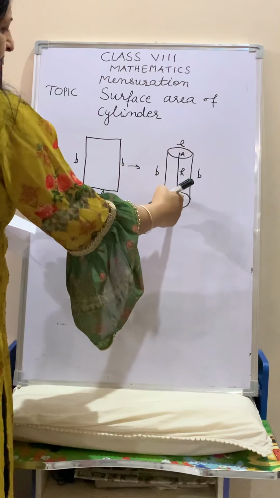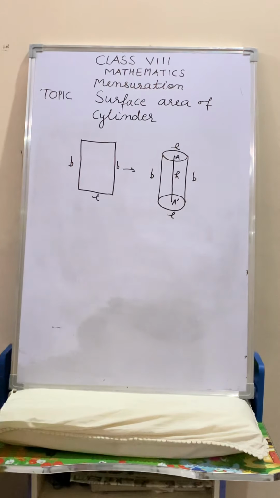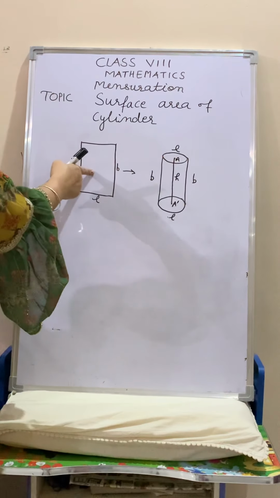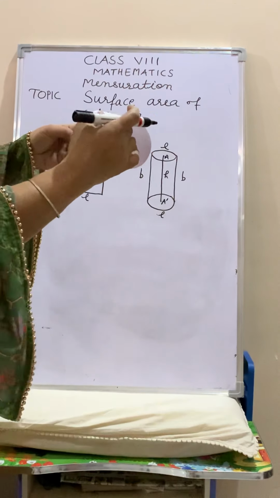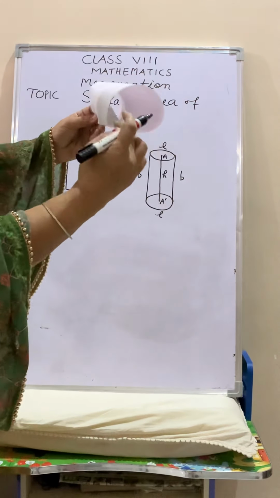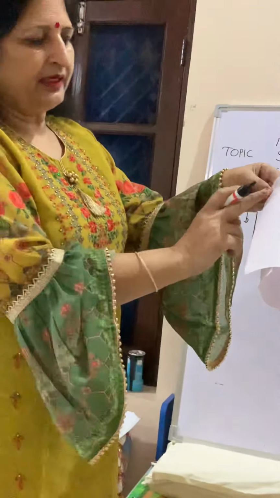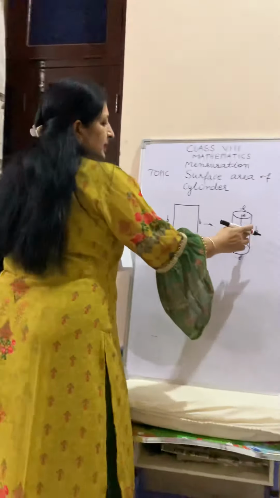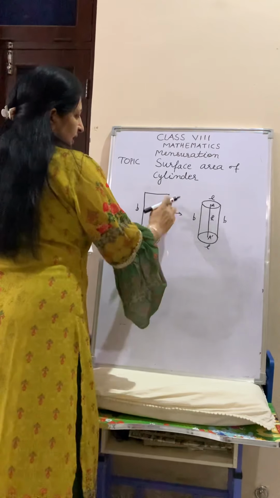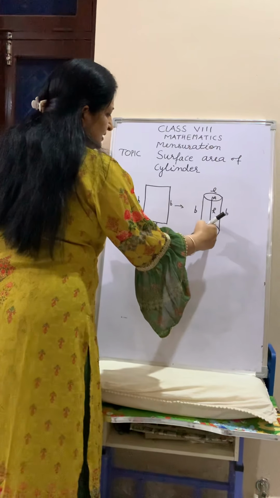It is the axis and it is the height also. It is a rectangular sheet. When we fold it, it is L, it is also L, and it is H. Height, what is the height? B. It is the height and it is the length. And what is this L?